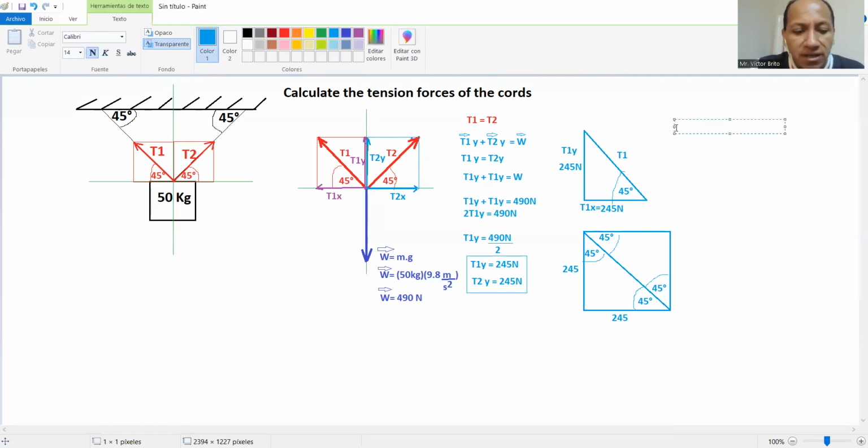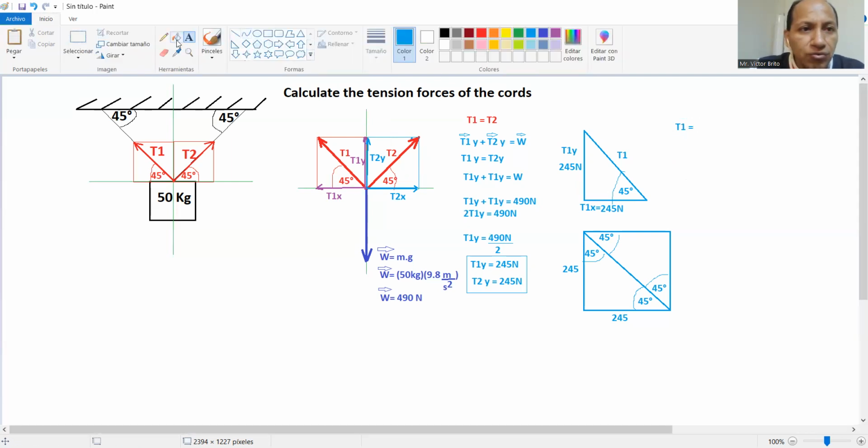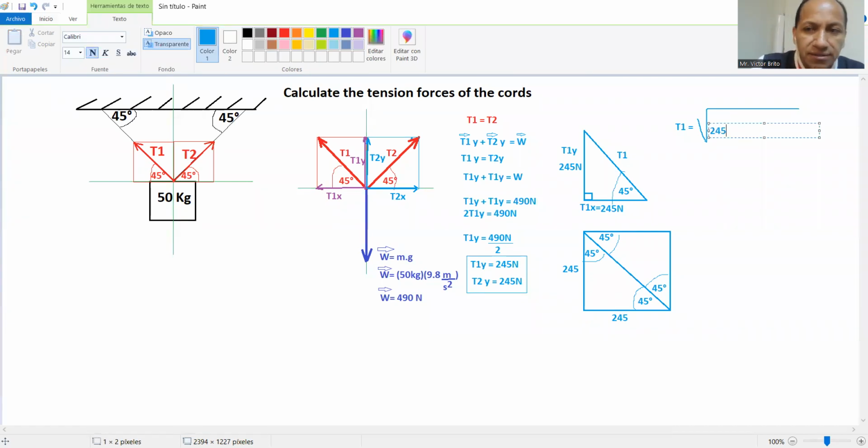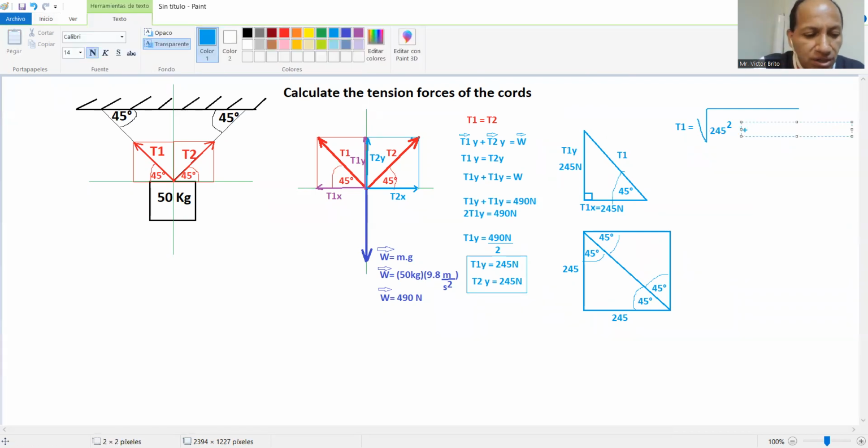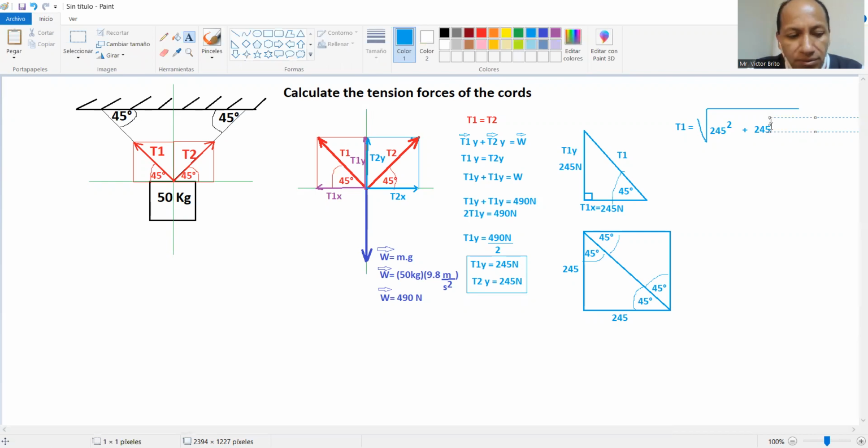If we follow that idea, then we're ready for calculating the tension 1. By applying the Pythagorean theorem, you do the square root of the sides, because this is a right triangle. In right triangles, for finding the hypotenuse, which in this case is the tension, you just apply the two legs: 245, which is one side, to the second power, plus the other side, which is 245 to the second power.